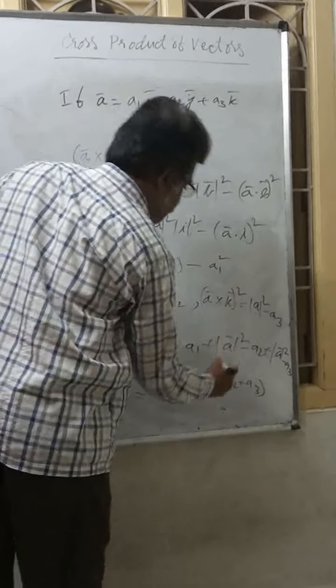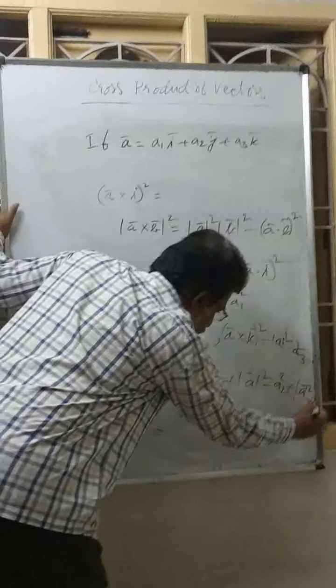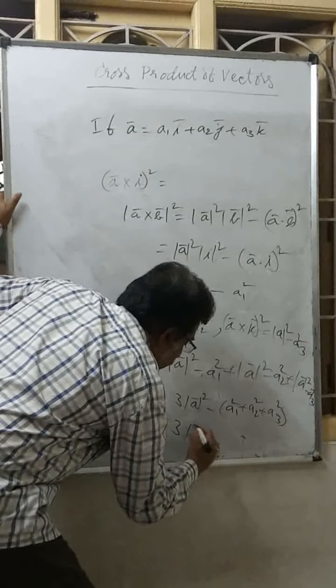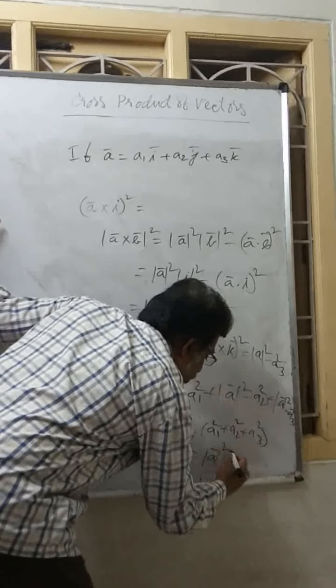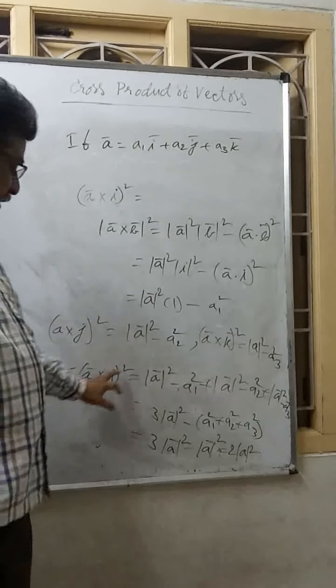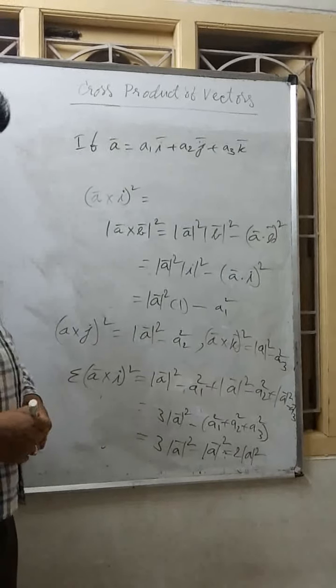So this is 3 mod A square minus, and this is nothing but mod A square again, so it becomes 2 mod A square. So always sigma of A cross I whole square equals 2 mod A square.